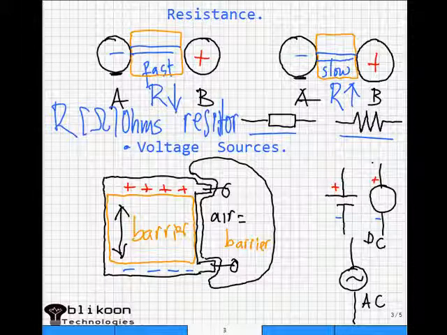In circuit schematics, voltage sources are represented by these symbols. We have two symbols for DC voltage sources and one symbol for AC voltage sources. You don't need to worry about DC and AC voltage terms now. All you need to know is that they exist.